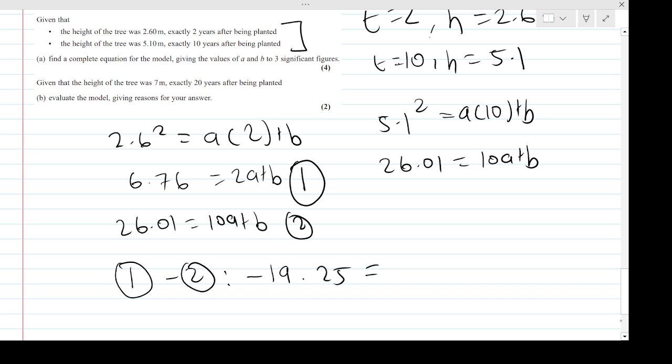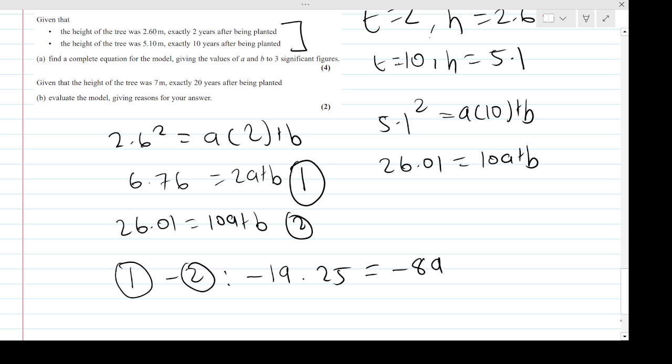And that's going to equal 2a take away 10a, that's minus 8a, and b take away b, which is 0, so the b's cancel. In this case I can just take them away as it is, because the b's are matching, the coefficient is 1 on both of them, so I don't need to scale.